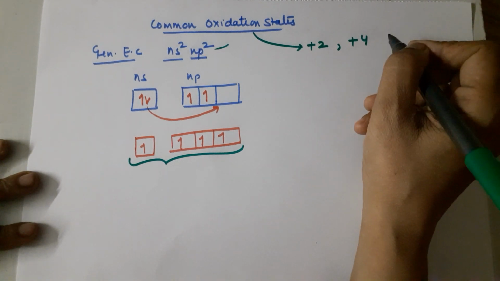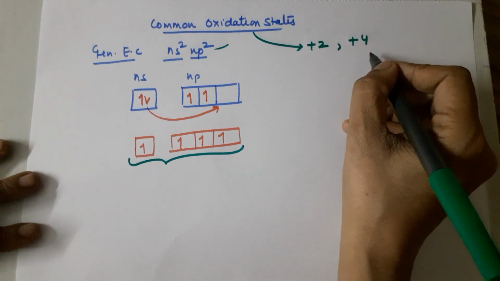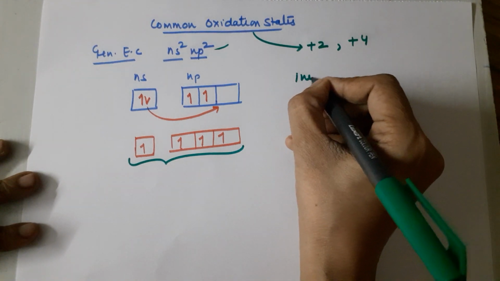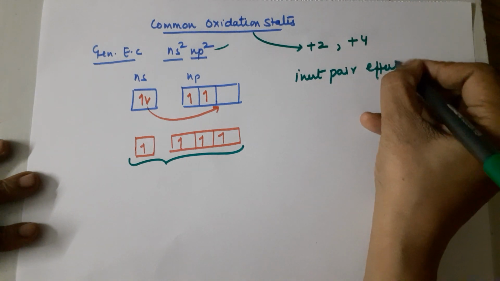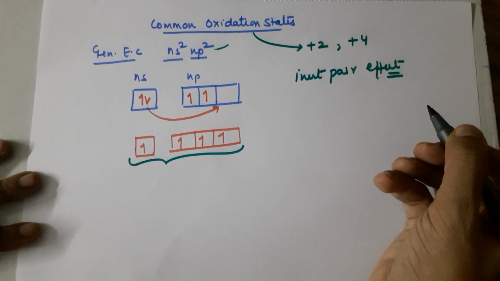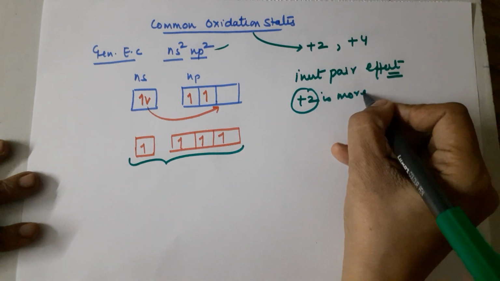Now we observe that as you move down the group, due to the inert pair effect, +2 becomes more common.